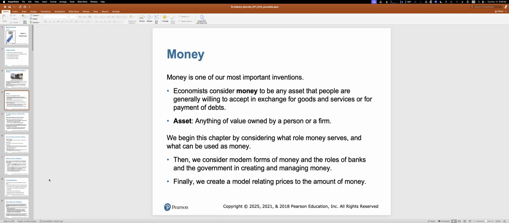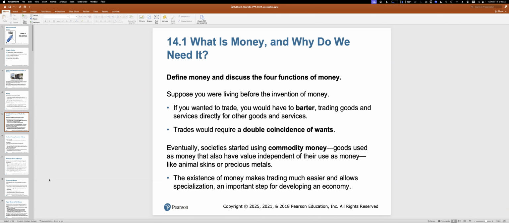So what is money doing? Money, again, is anything that people are willing to accept in exchange for goods or services or for the payment of debt. And if we didn't have it, we would have to barter. We would have to trade good for good. You cut my hair, I teach you an economics lecture.